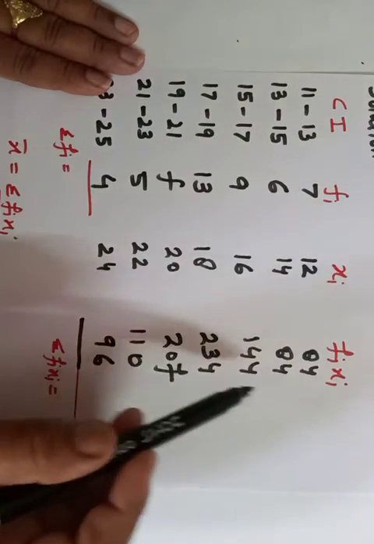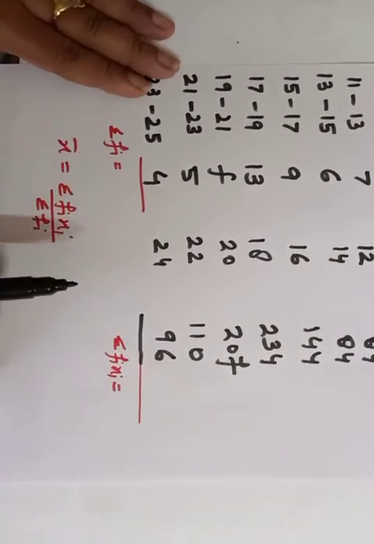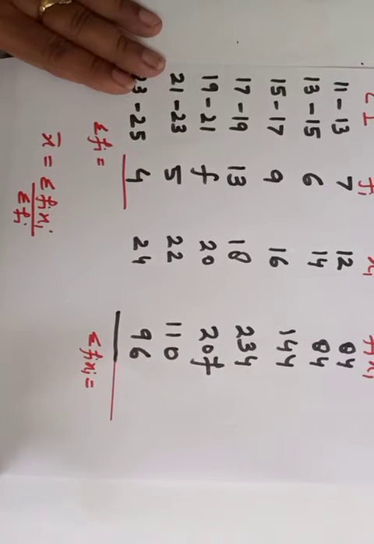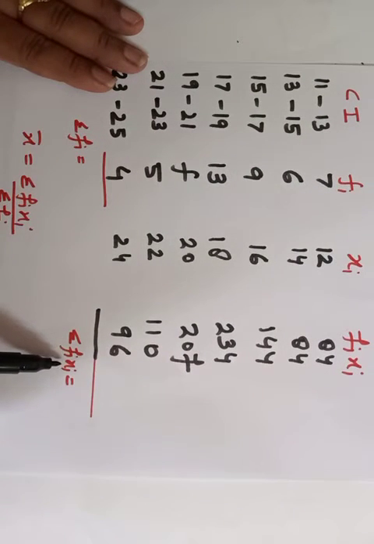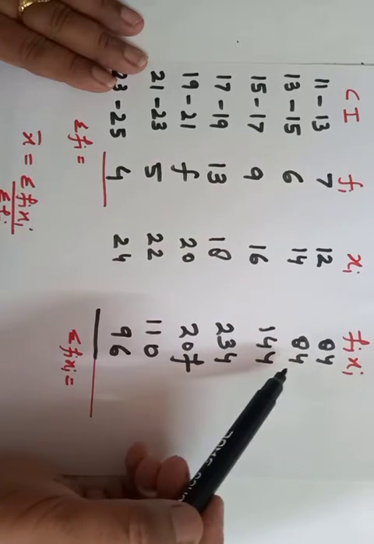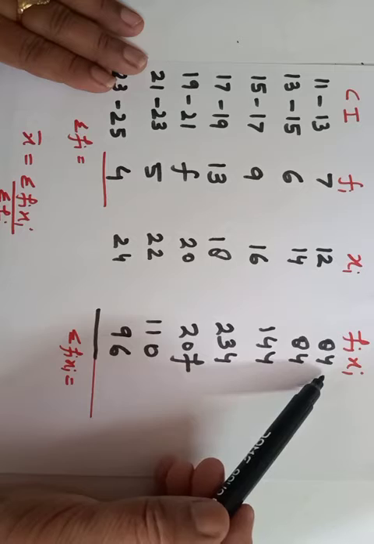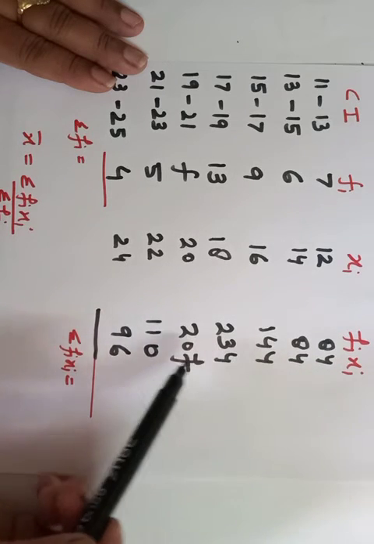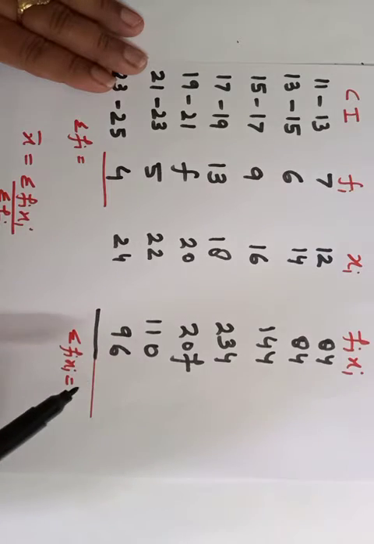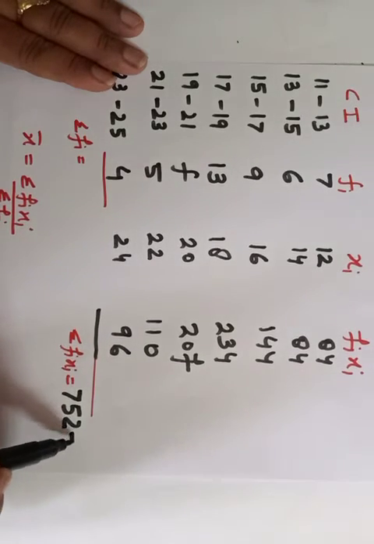Now again, according to the formula, sigma fi xi upon sigma fi, we need to find the value of sigma fi into xi. First we will just leave this 20f. First of all we will add 84 plus 84 plus 144 plus 234 plus 110 plus 96 and we have got 752 plus 20f.